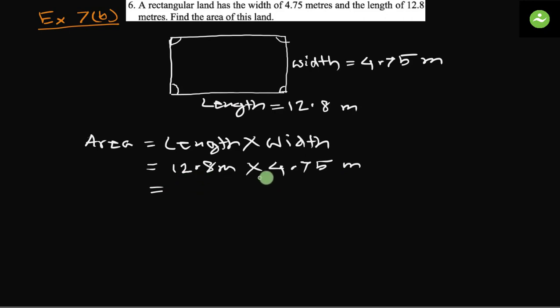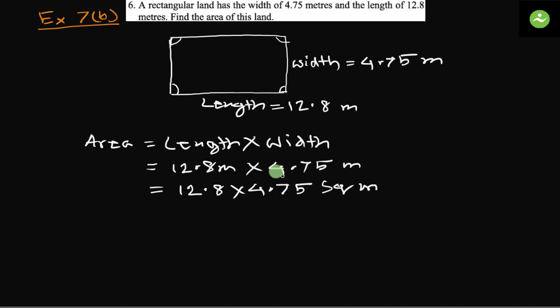Equals to, let us write the numbers first. 12.8 into 4.75, and the unit meter into meter means square meter. In case of area, the unit is always square. If it was inch, then it would be square inch.